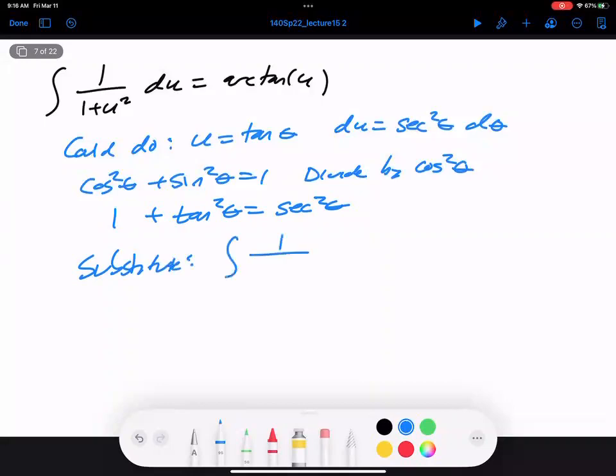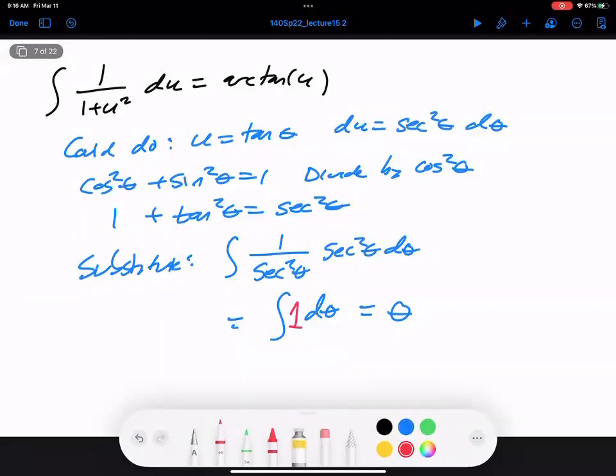You get the integral of 1 over 1 plus tangent squared, which becomes secant squared. And then du is just secant squared theta d theta. You know, life is really good. The secants cancel and you get just d theta. And so the antiderivative of 1 is going to just be theta.